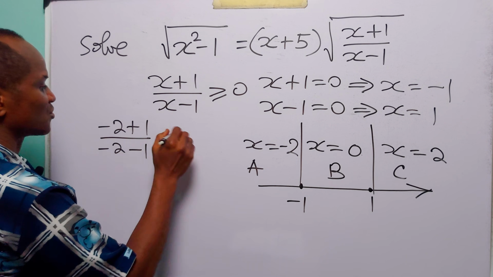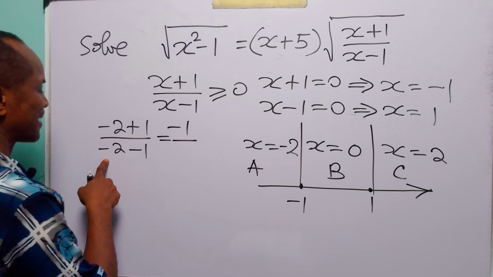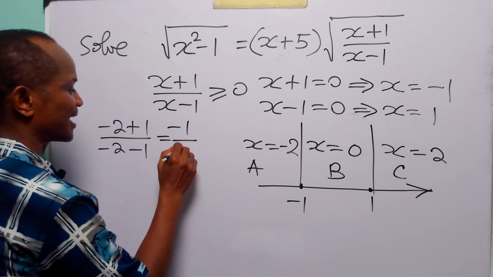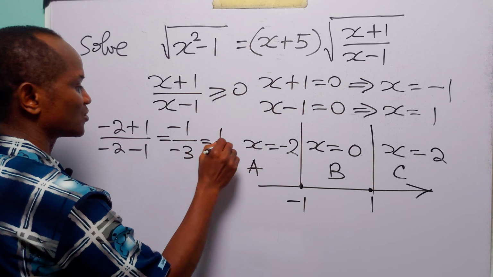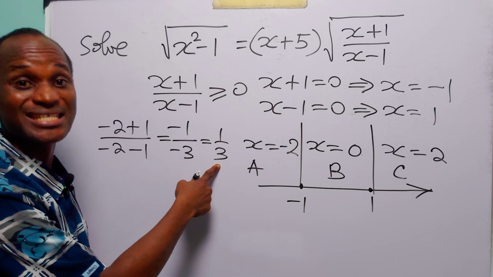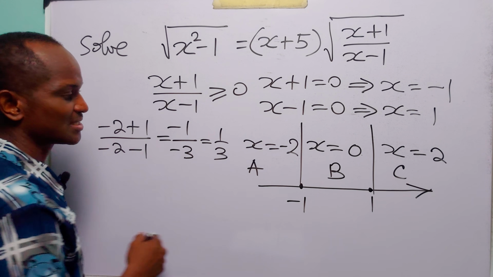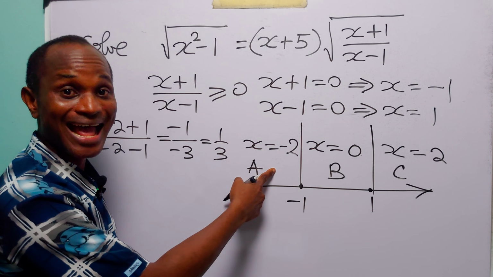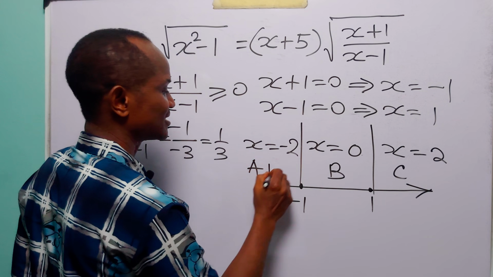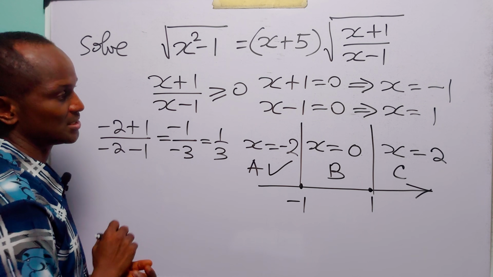Now, minus 2 plus 1 is minus 1, and minus 2 minus 1 is minus 3. Now, this is equal to 1 over 3. You can see that this is positive. So that means that values of x that lie in region A satisfy this inequality.